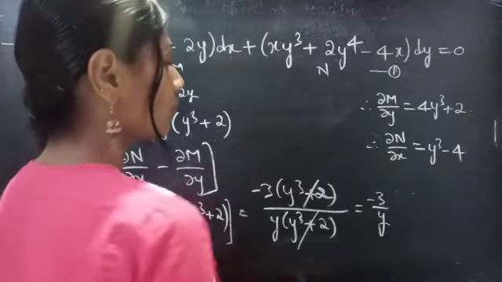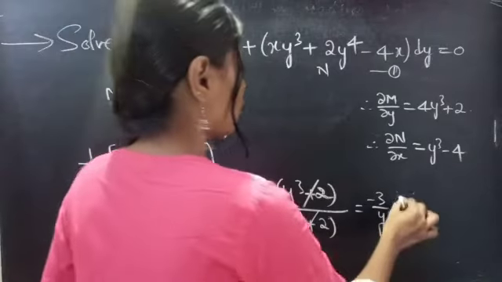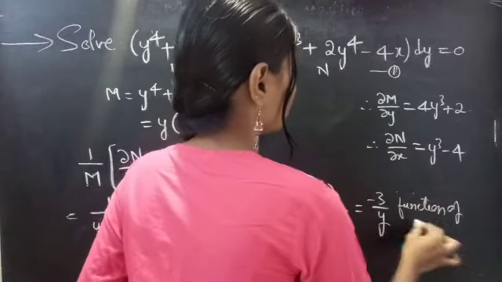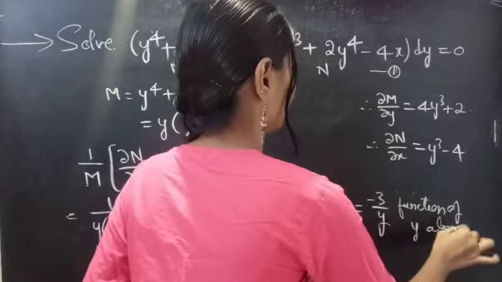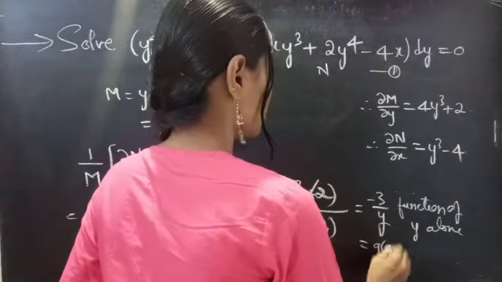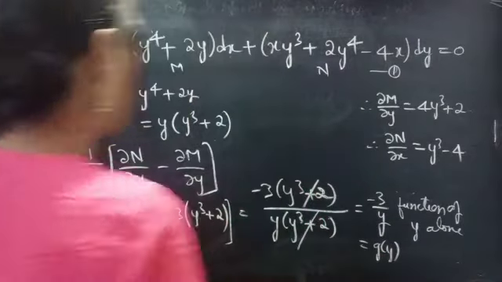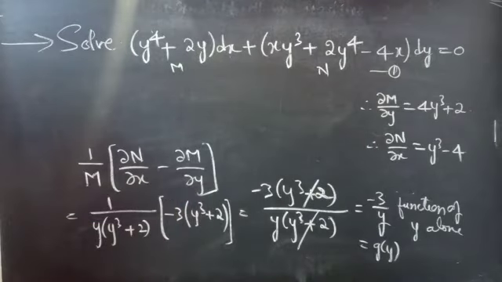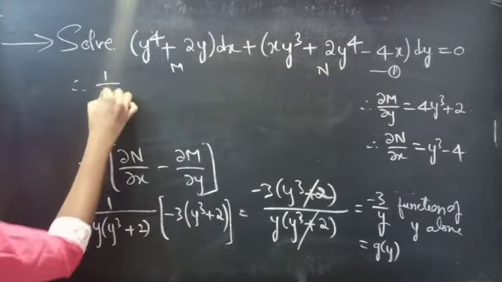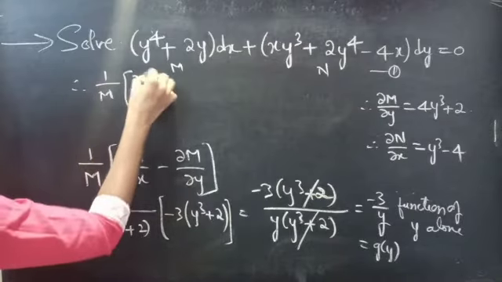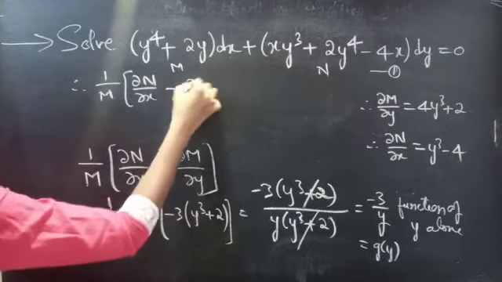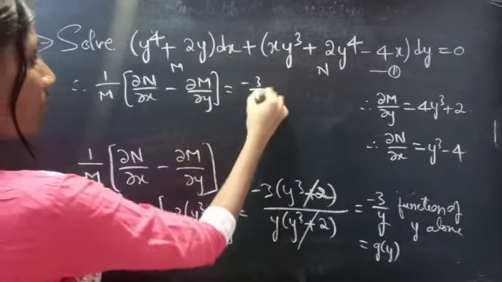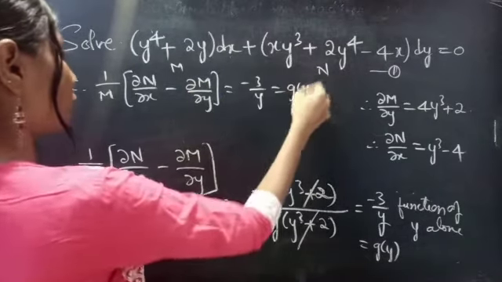It does not involve any x, so we call it a function of y alone, and you can name it as g of y, that is a function of y. Therefore, 1 by m times partial derivative of n with respect to x minus partial derivative of m with respect to y equals minus 3 by y, which is a function of y.